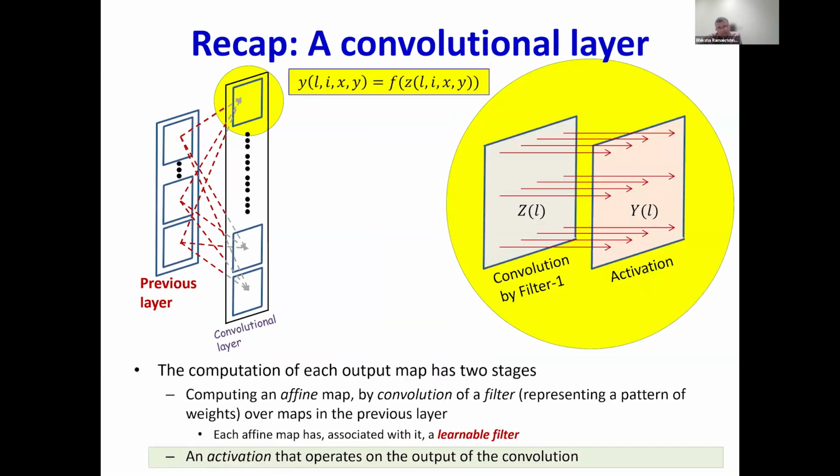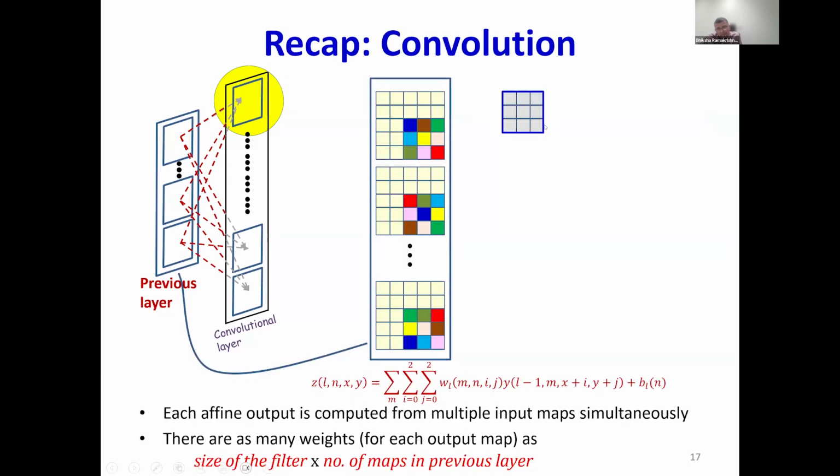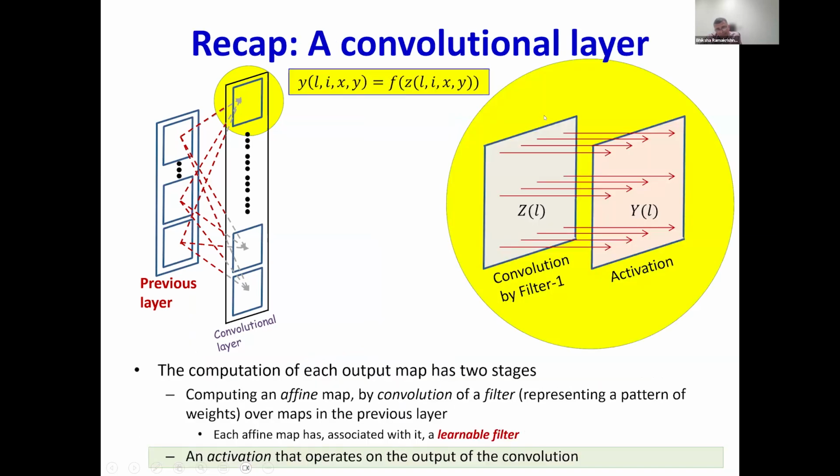And of course, once you compute this affine map, you next want to apply an activation to it. So the activation function itself applies pointwise. Each Z_{l,i,x,y} represents some xyth element in the ith channel of the Lth layer.